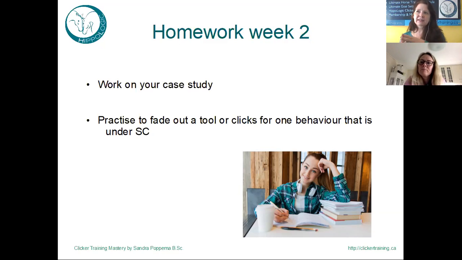But I think this lady skipped so many steps that her horse just got agitated and was like, oh, I know what to do, I just bite your foot, and got reinforced for that. And then bam, it was in there. But that's always the case, we always have to be careful that we don't train them to bite us.